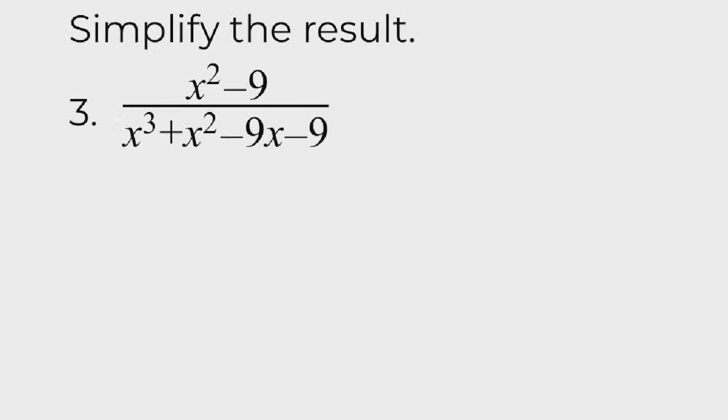So for number 3, we're just simplifying because there's no multiplication or division, and we want to factor each part of the problem. So x squared minus 9, this is a difference of 2 squares. So that's going to factor into x plus 3 times x minus 3. And in the denominator, we have 4 terms, so we want to factor by grouping.